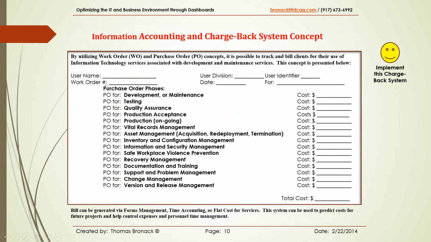Also, since the work order is going to involve a lot of people and their time and perhaps additional resources, it'd be nice to have a purchase order for each of these people and each of these functions being performed so that you could tally the cost for each item of work that's being done. And at the end, you can total it and give the person a chargeback.